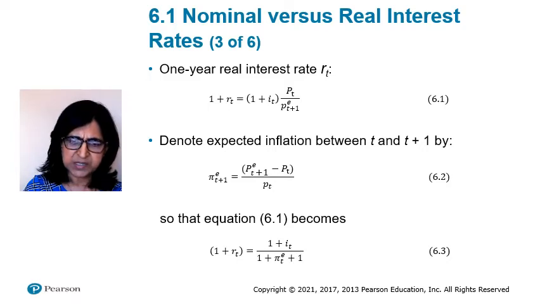Replace in equation 6.1 to get 1 plus r_t equals 1 plus i_t over 1 plus pi^e_t+1, as equation 6.3.